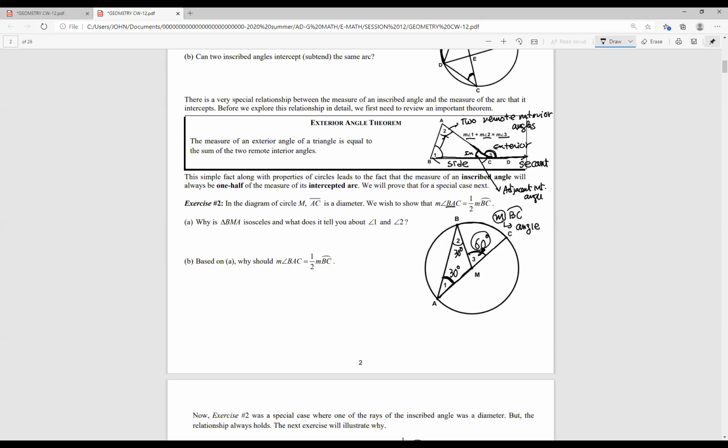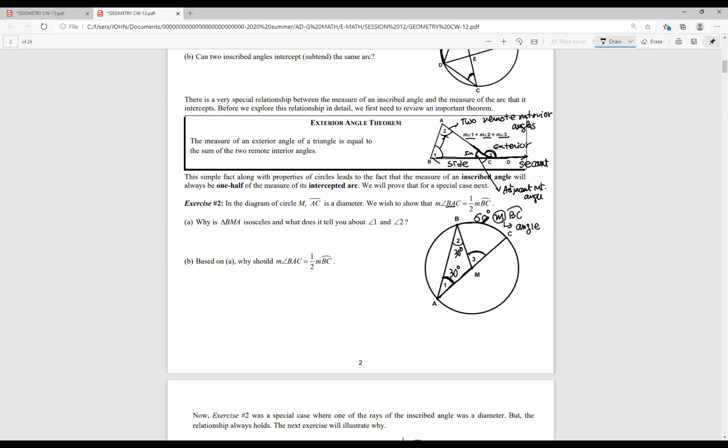Sometimes we put some numbers on the arc, like this 60. Instead of using this angle in here, to make it easier and better looking, we use this number over here, 60.